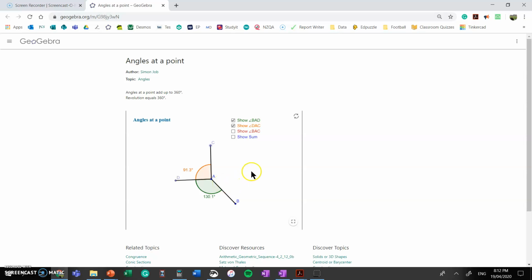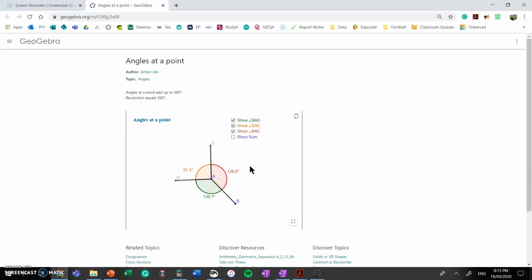So I know that it should be 360, so it's 360, take away 91.3 and 130.1. You've got your calculators with you, you can quickly do that. So 360, take away 91.3 and 130.1, and we should get 138.6 as our answer.